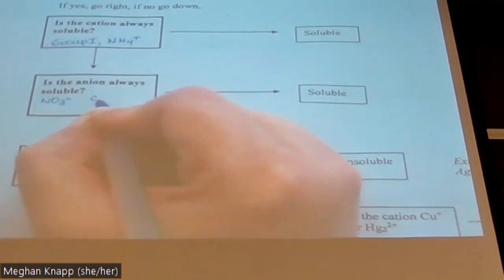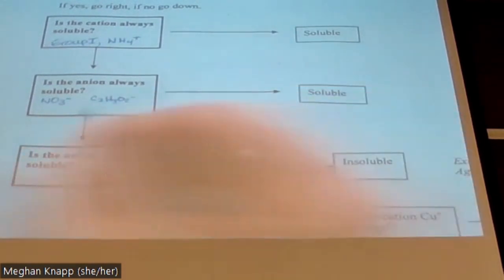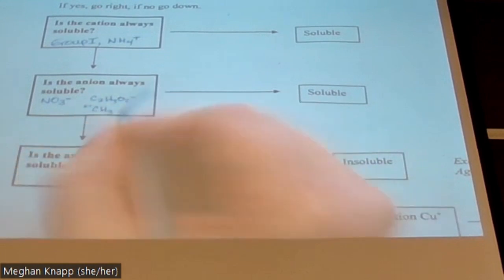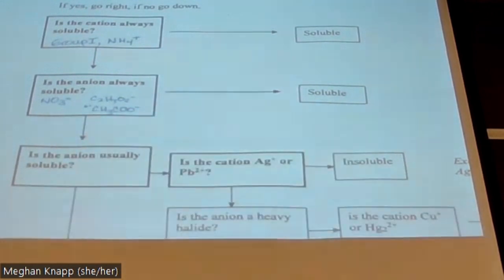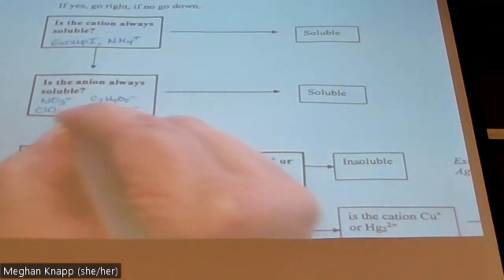So you might like that as C2H3O2, or you can write it out in the semi-structural form, CH3COO. Either way you see that. And then the last one was the very first ion on our list, perchlorate. So ClO4-.